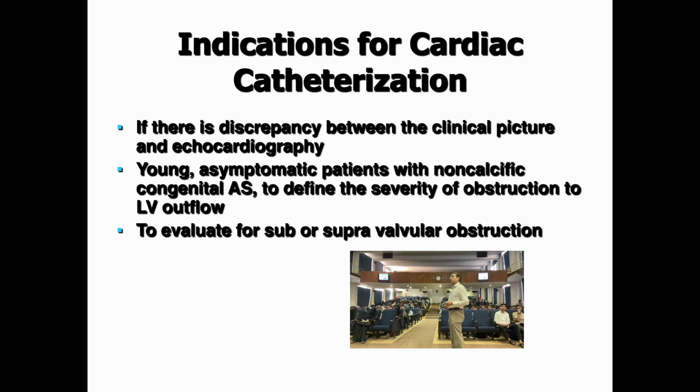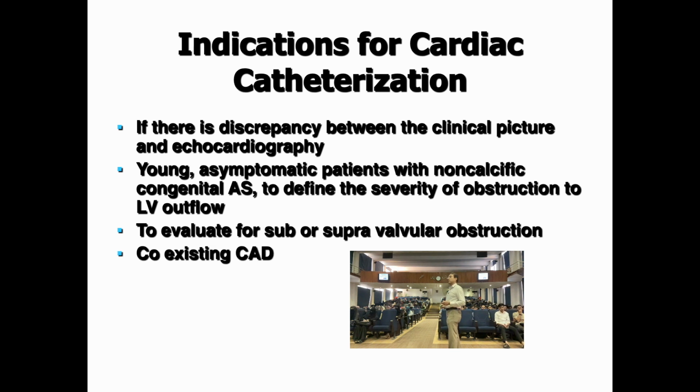To evaluate for the presence of sub or supravalvular obstruction: obstruction may be subvalvular, supravalvular, or valvular. There may be a web in the aorta causing obstruction, or a muscle mantle beneath the valve. So you need an angiogram.